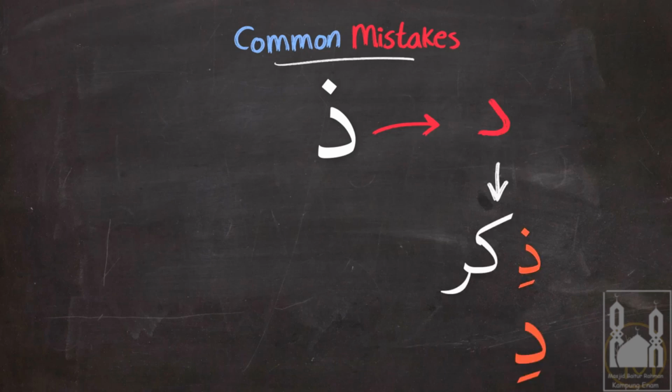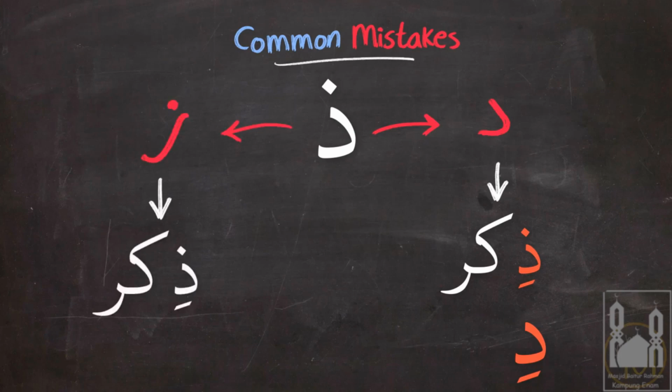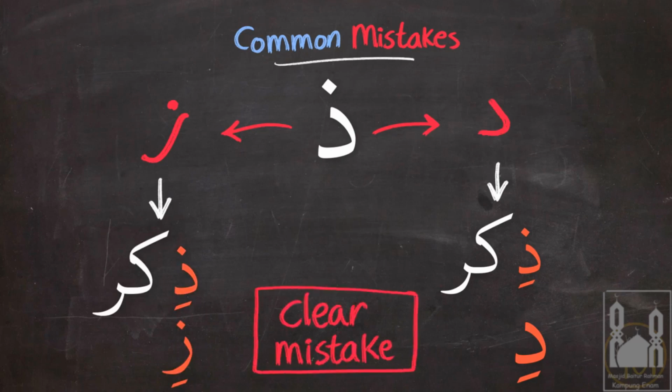These two sounds are completely different, and some learners make the mistake of pronouncing it as zay. So instead of saying dhikr, they would say zikr. And both of these are clear mistakes that must not be made when reciting the Quran.